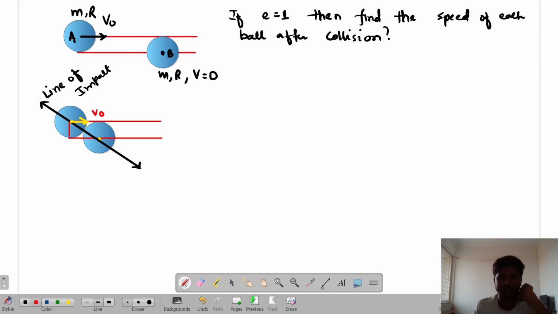So this velocity v naught will have two components, one perpendicular to it and one parallel to it. Let's suppose this angle is theta. I'm just going to draw this green line to understand it better.